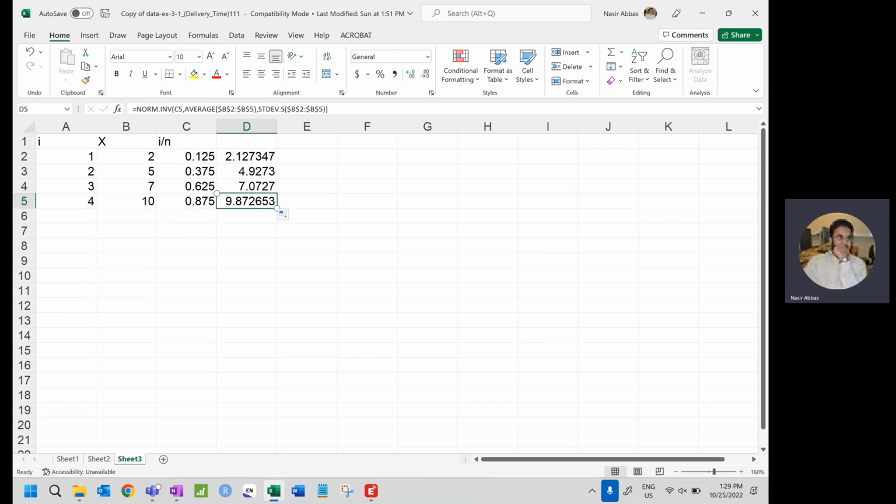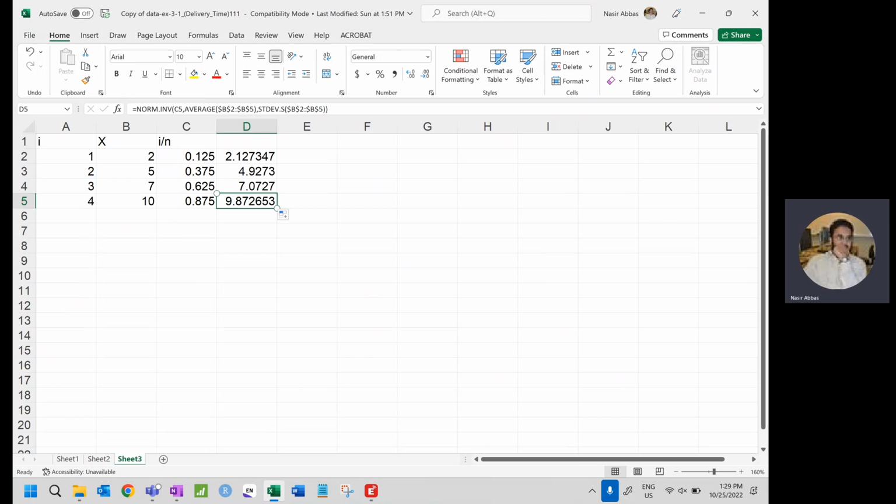My fourth value should have been 9.87. And what I observed are slightly different, right? They can be slightly different, they can be dramatically different. If they are slightly different, we will conclude that the data is not far from normal. If they are dramatically different, we will conclude that the data are far from normal.